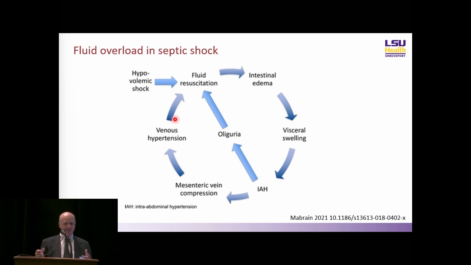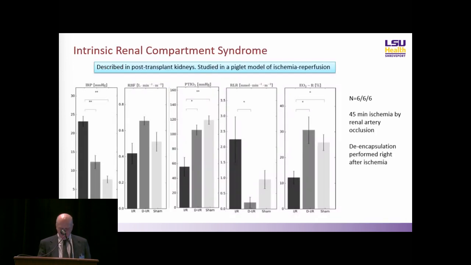They get on vasopressors, and Phil was talking about this a little bit earlier. Something that is coming to the forefront, first identified in post-transplant kidneys, is that the swelling we see in patients with edema also happens in the kidney. The kidney is in a capsule. It prevents it from expanding.